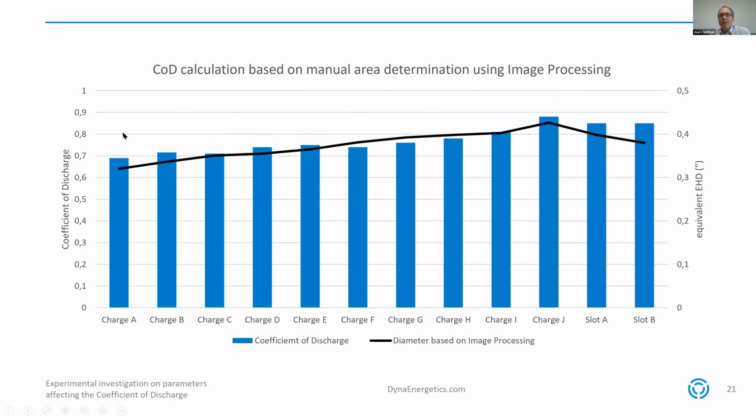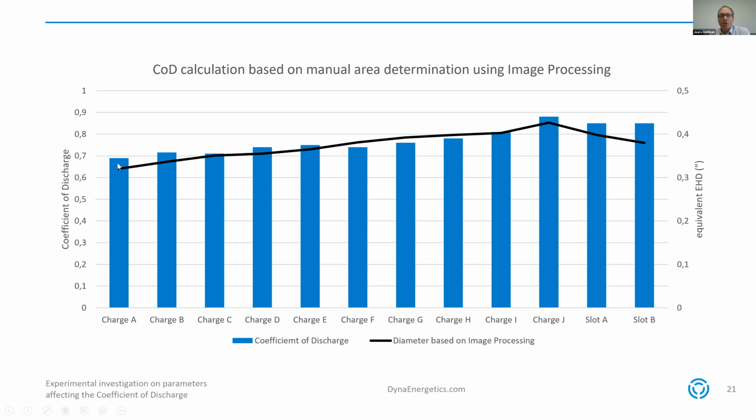If we now look at the results of the manual image processing, then we see a much smoother coefficient of discharge distribution, and the values also dropped. So again, for this charge A, the entrance hole is now larger, but at the same time, the coefficient of discharge went down to 0.7.